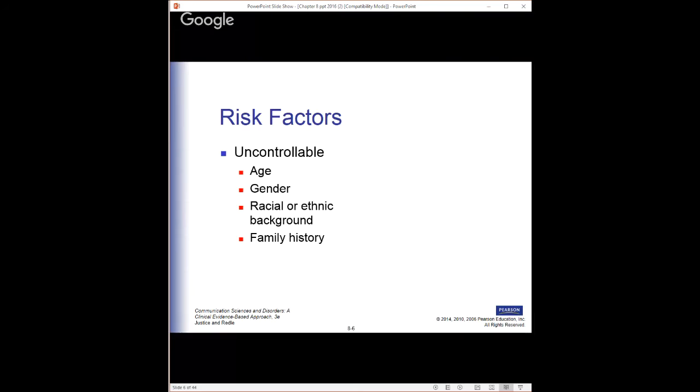Gender, more men than women are affected. Racial or ethnic background. African Americans are twice as likely to suffer a stroke as are Anglo Americans. And family history.